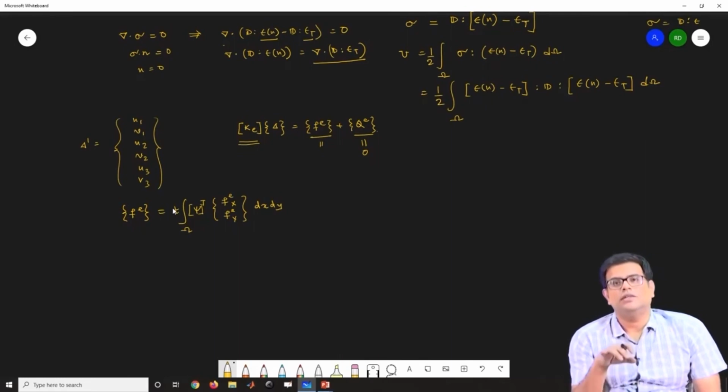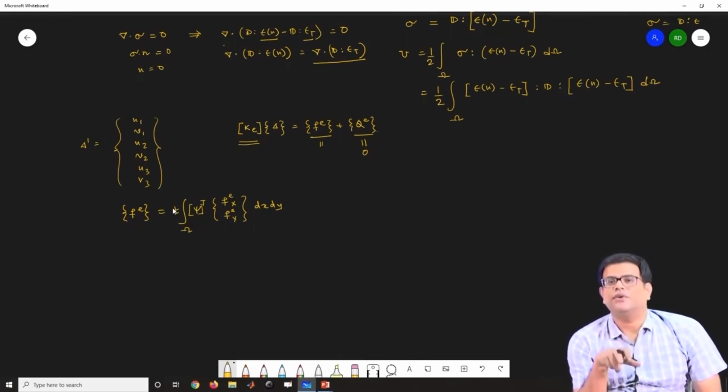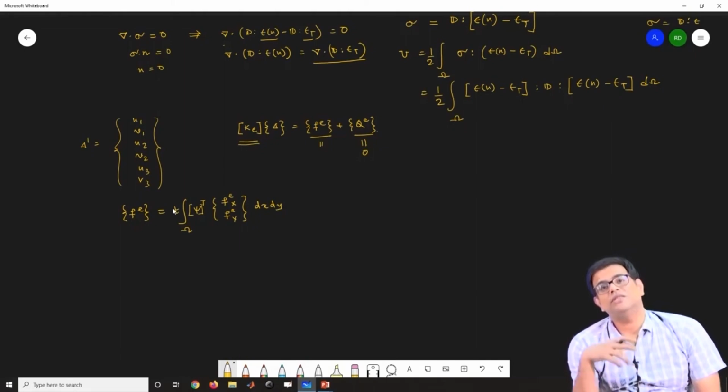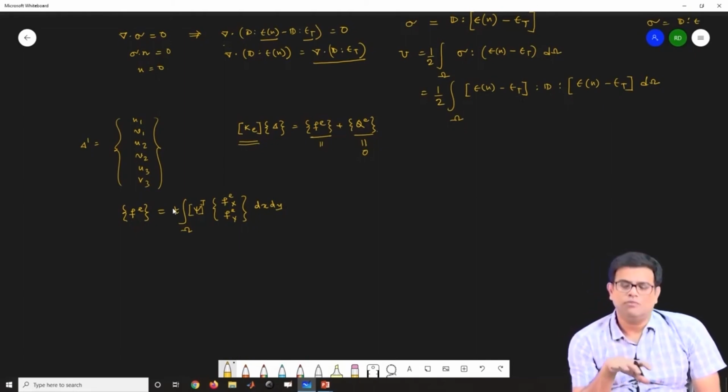So this was the force vector. Now here the force vector is different actually. It is not just a body force, but rather a thermal strain. So from there we have to compute the thermal stress and then convert it to the body force.